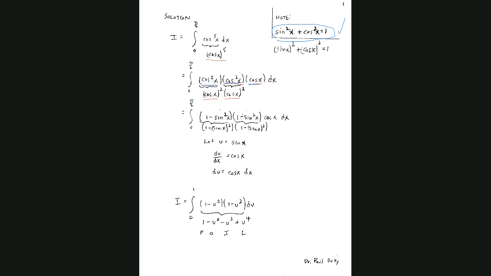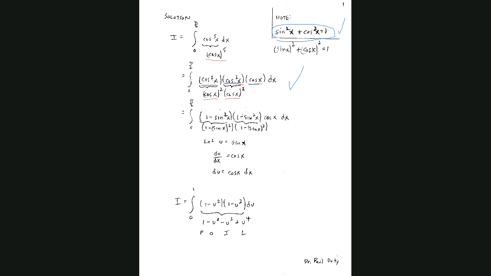Because you see, even though I factored cosine of x to the 5th power as cosine of x squared times cosine of x in this step here, I still can't integrate it unless I have a sine of x in there. And you'll see why.